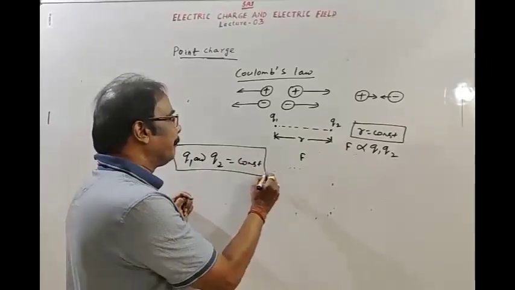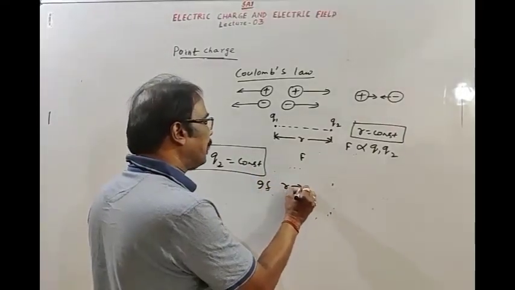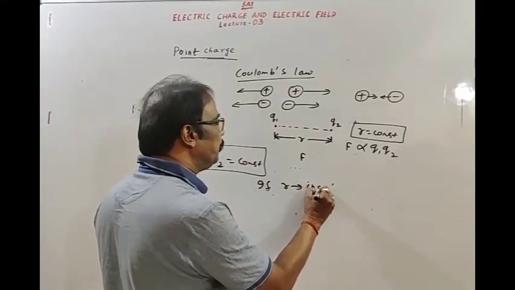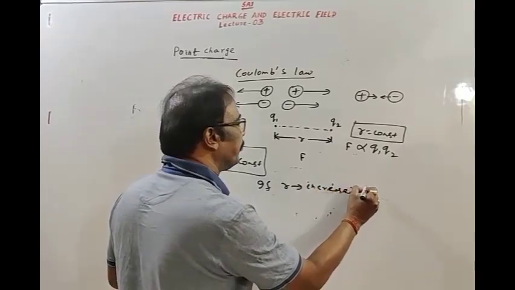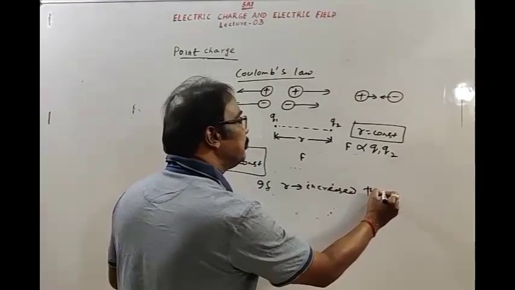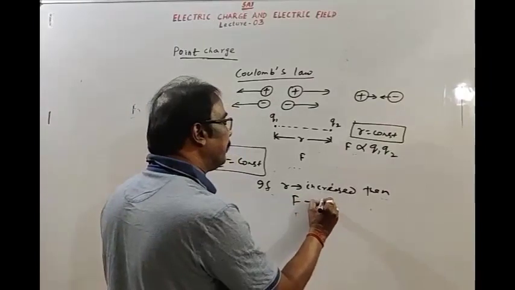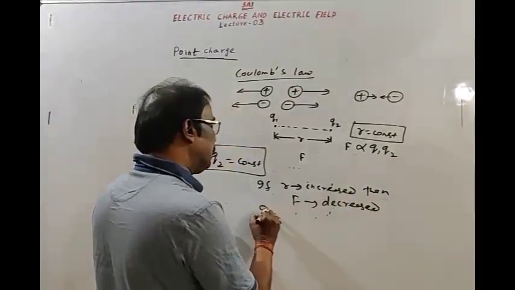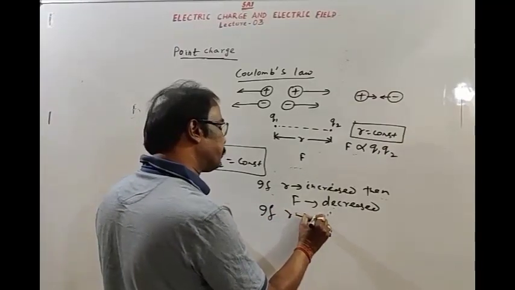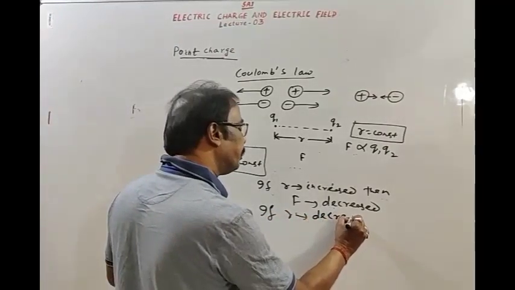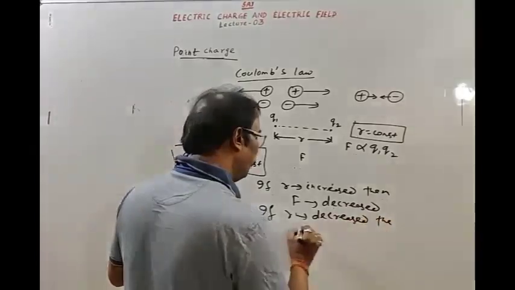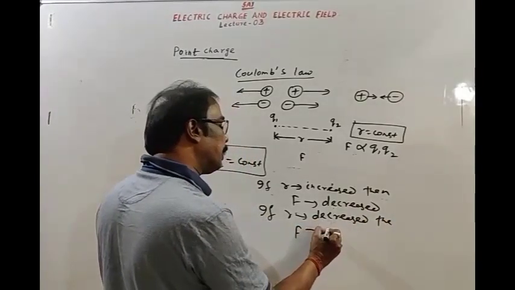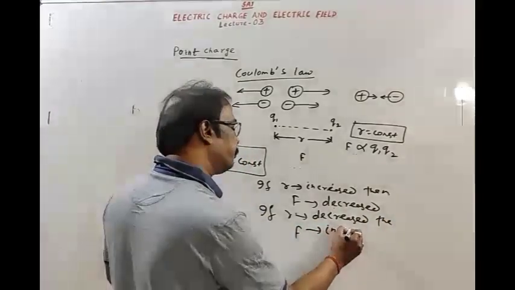So the observation was that when the distance between two charges increased, the force between them decreased, and when the distance decreased, the magnitude of force between the charges increased.